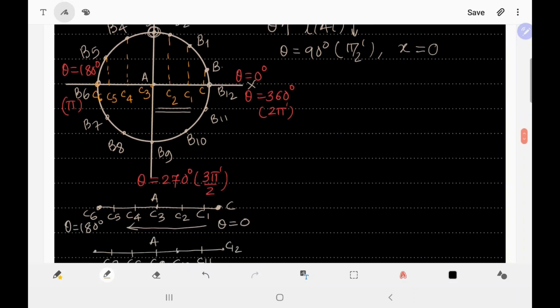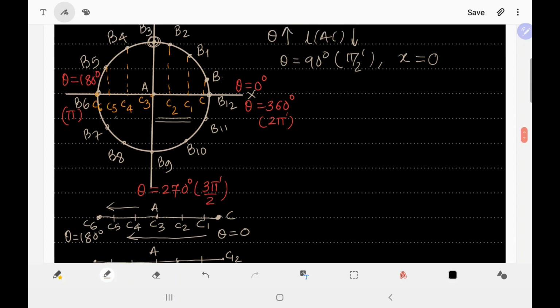As we increase theta further and move towards 180 degrees, we can see that now the point C starts moving away from point A. That means length of AC starts increasing, but this time along the negative x direction. And at theta equals 180 degrees, that is pi radians, x coordinate becomes -1.